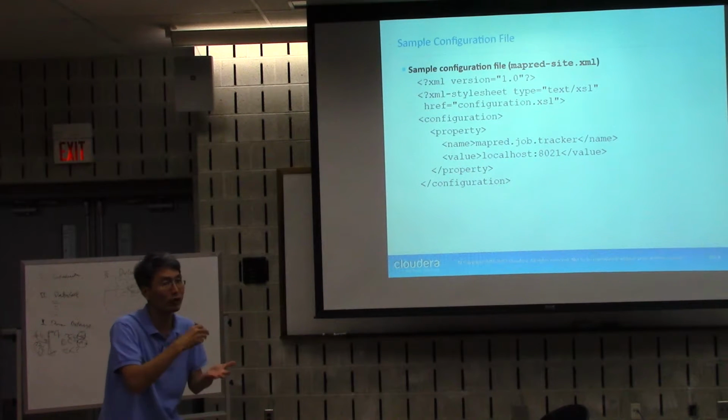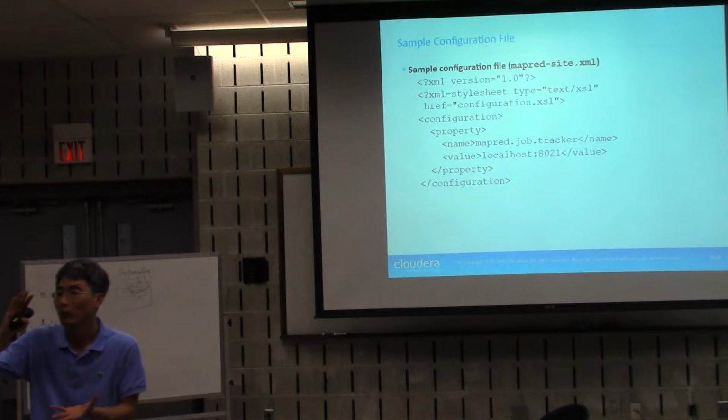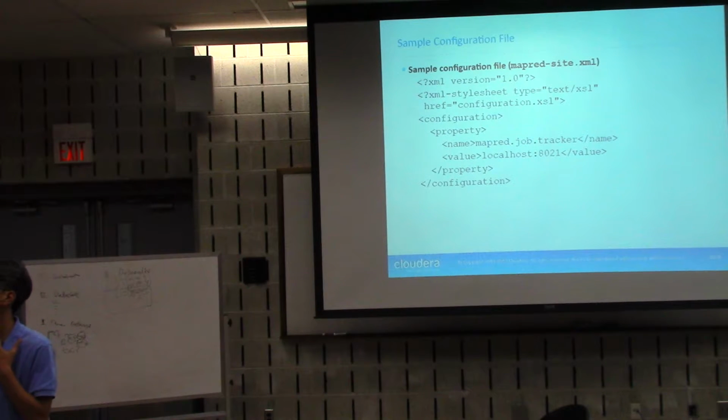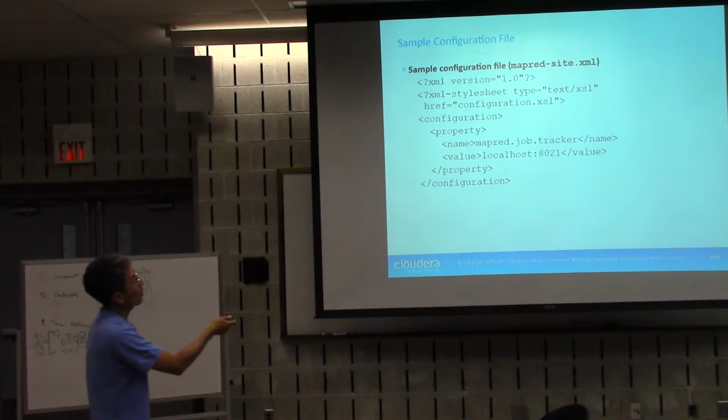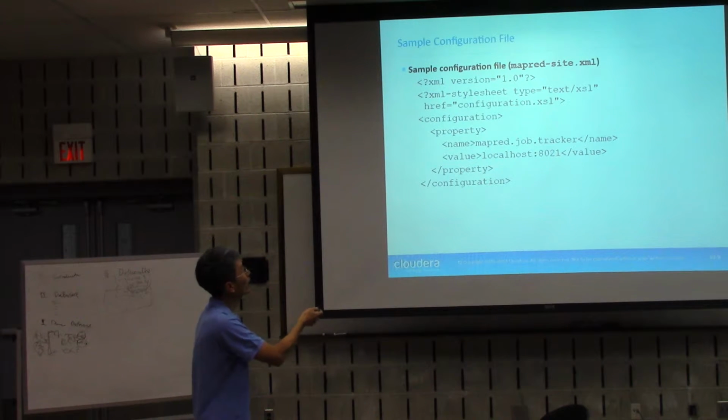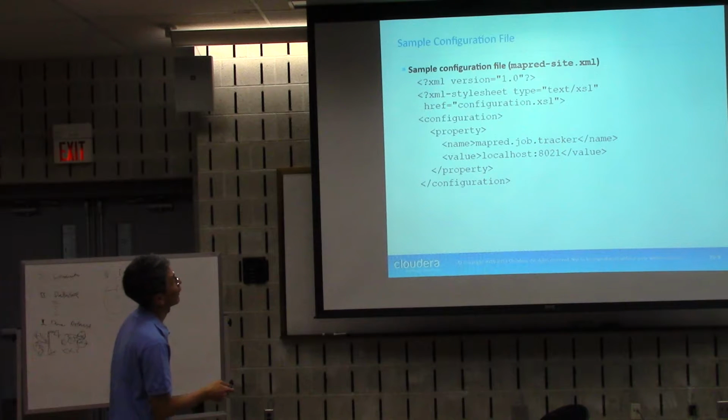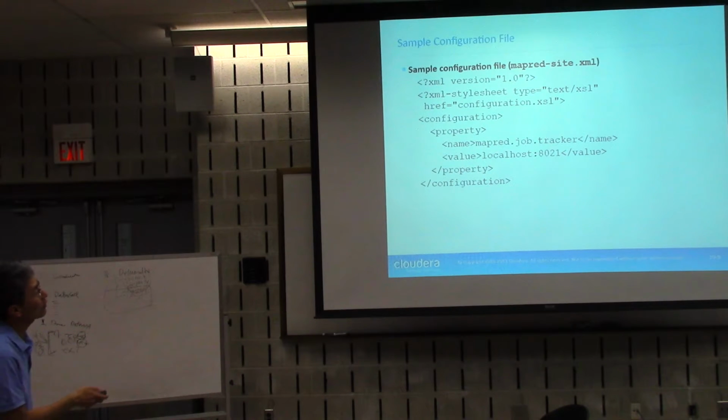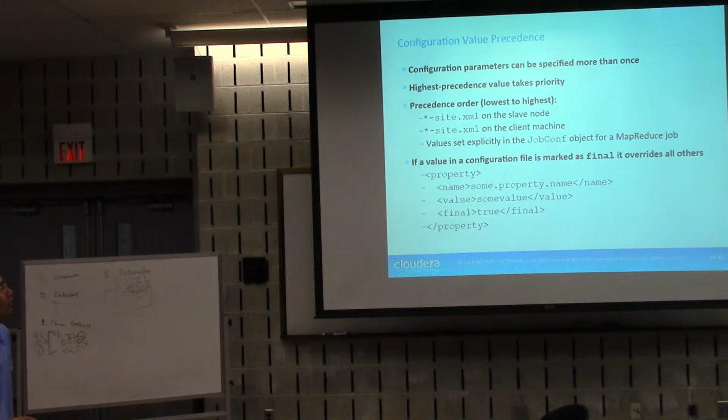The tracker is the daemon for the task tracker, for each data node, running to process your MapReduce programming, and localhost with port 8021. So you can specify that value for the specific parameter. We will see such values.